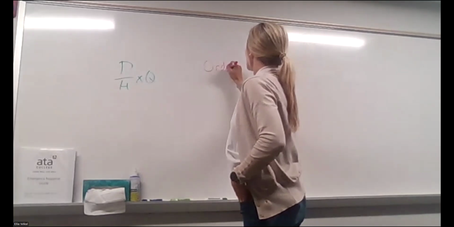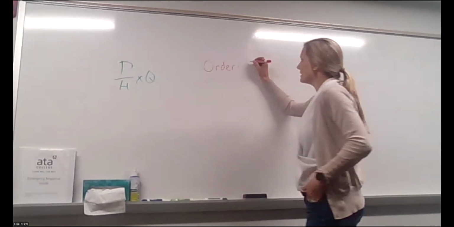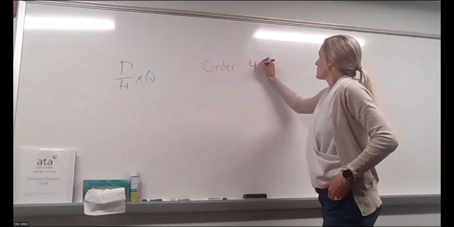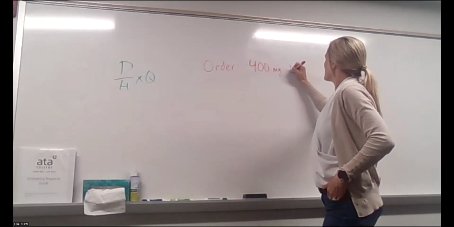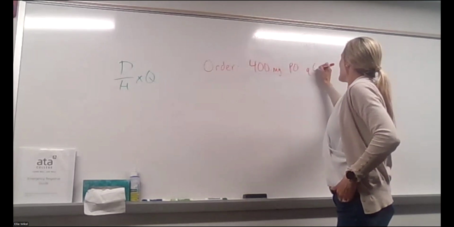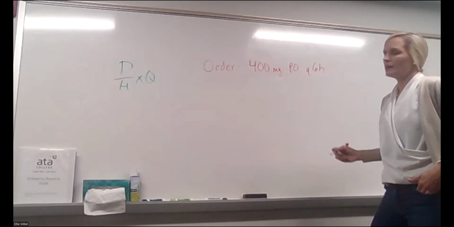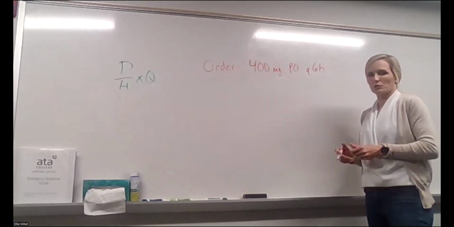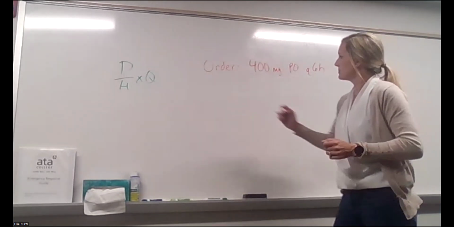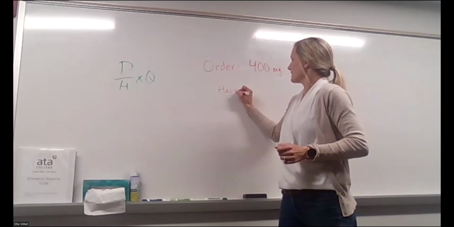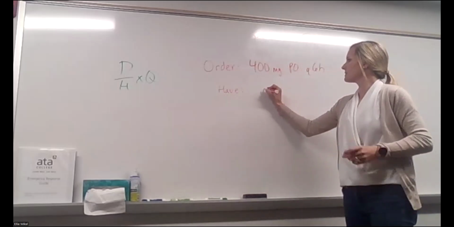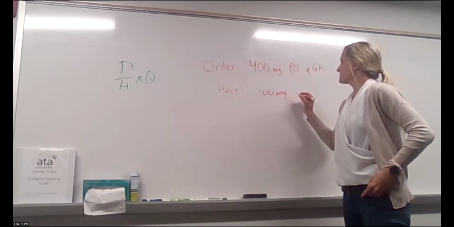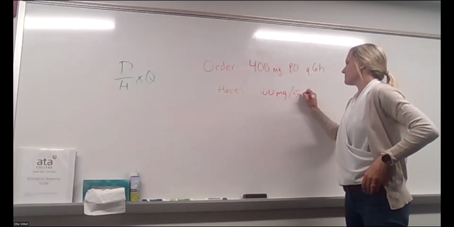Let's say I have an ordered dose of 400 milligrams to be given by mouth every 6 hours. That time I'm going to actually incorporate into this particular problem. Say we have a medication that comes as 100 milligrams per 5 milliliters.